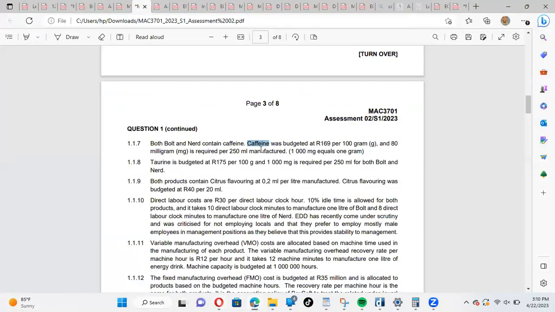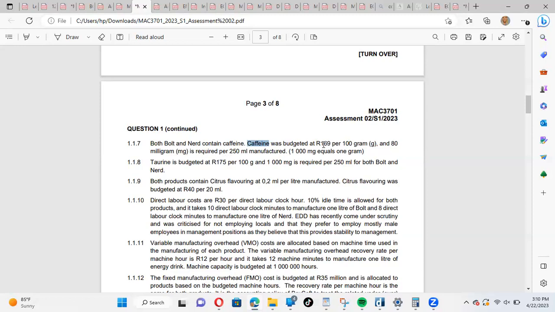They say caffeine was budgeted at 169 per 100 grams, and 80 milligrams is required per 250 mils.